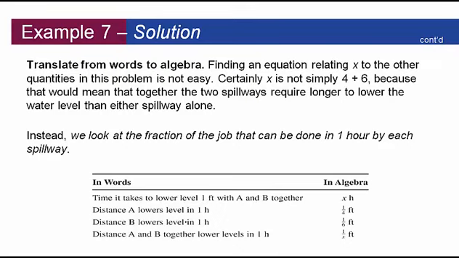And then B takes 6 hours, right? So it does 1/6 of a foot every hour. And then A plus B together, if it takes them X hours, then every hour they do 1 over X. So like if it took them 7 hours, then they do 1/7, right? If it took them 10 hours, it would take them 1/10 each hour. All right, so we've just identified all that stuff and translated it into math.